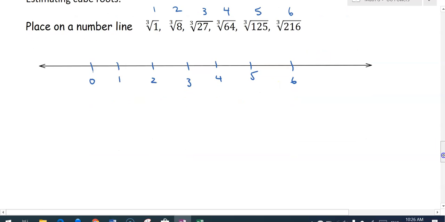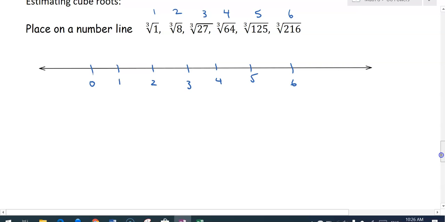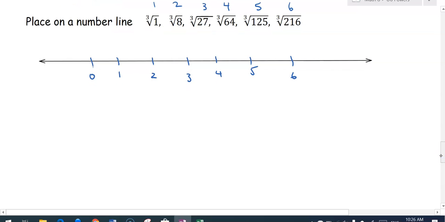Okay? So if I wanted to estimate, let's say, the cubed root of 30, well, I know it's bigger than 3 because the cubed root of 27 is 3, and I know it's smaller than 4 because the cubed root of 64 is 4. Therefore, it's going to be 3 point something, and since it's pretty darn close to this 3, I'd probably say 3.1.